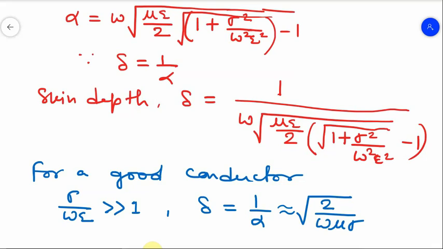And if we put the value of omega, that is 2 pi f, then 2 and 2 will cancel out, so it will be 1 upon root of pi f mu sigma. So this is the value of skin depth.